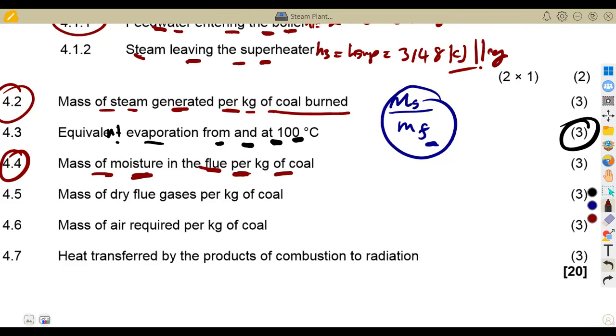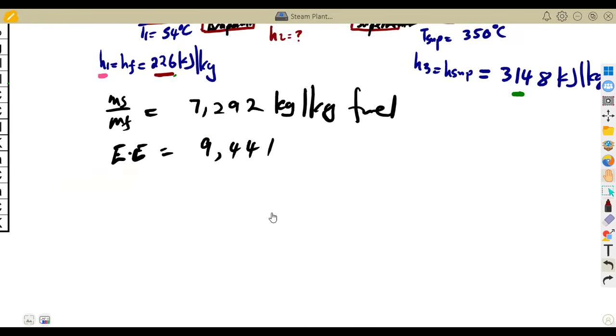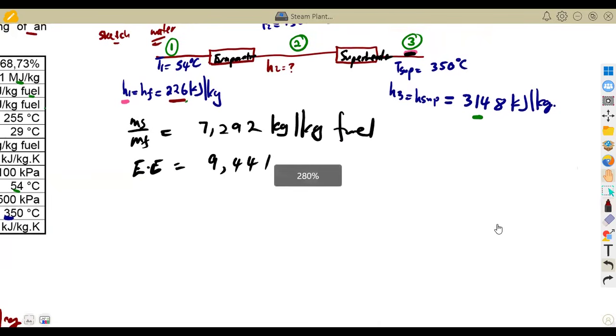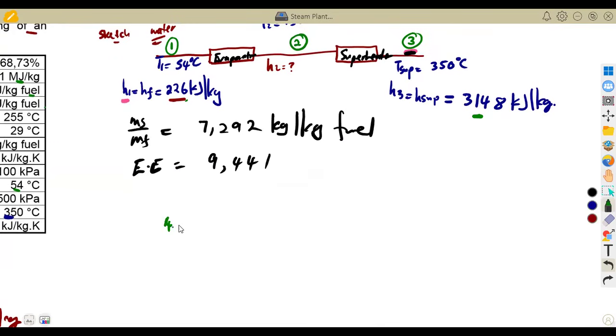I don't know if I explained this formula before, but if not, let me explain it. If we are to calculate Q for the moist flue gases, it is the mass of the moist gases times H for the moist.